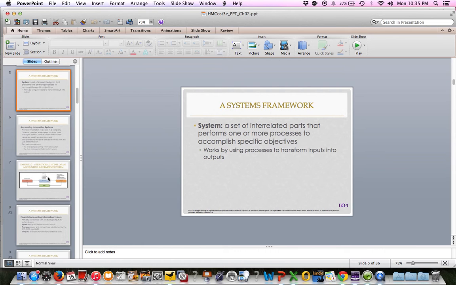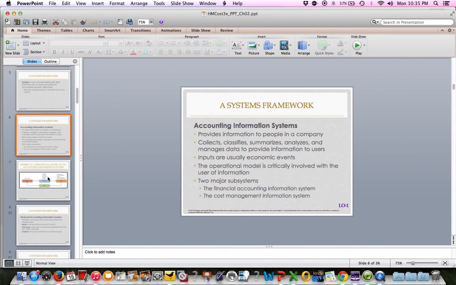For accounting information systems, we're trying to gather information, process it, and then provide it to people who need that information to make decisions. So it's all about collecting data, summarizing it, and reporting it. We collect, classify, summarize, analyze, and manage data. Then we give it to the people who need to use it.